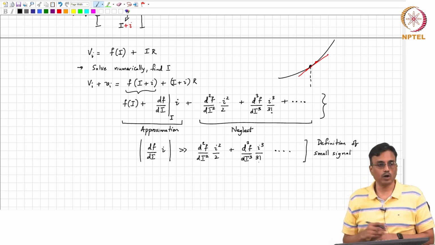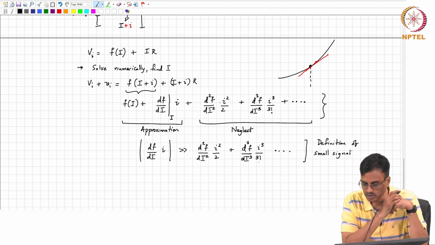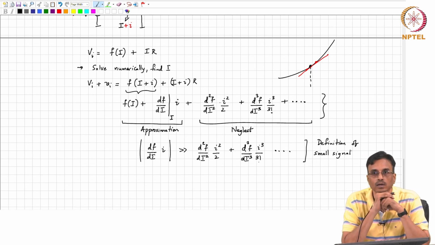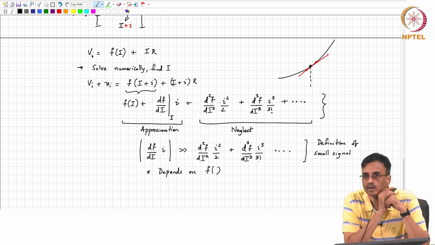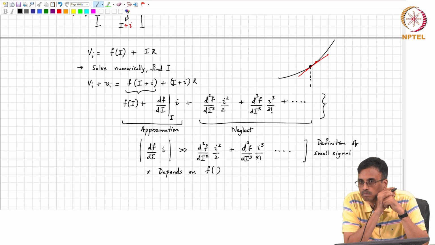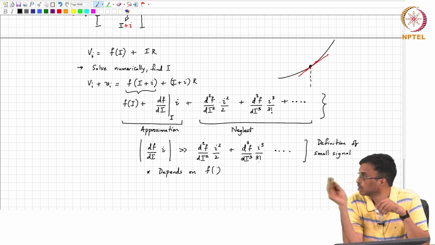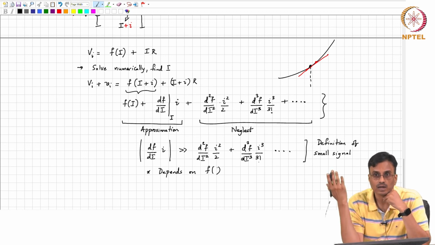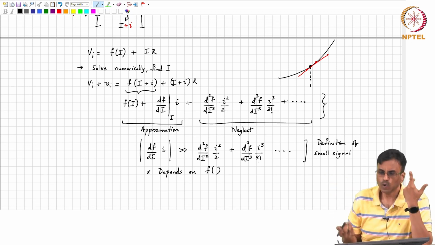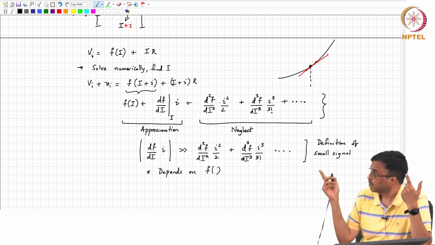And what does this depend on? As you can see from this equation, it evidently depends on the function, it depends on f.